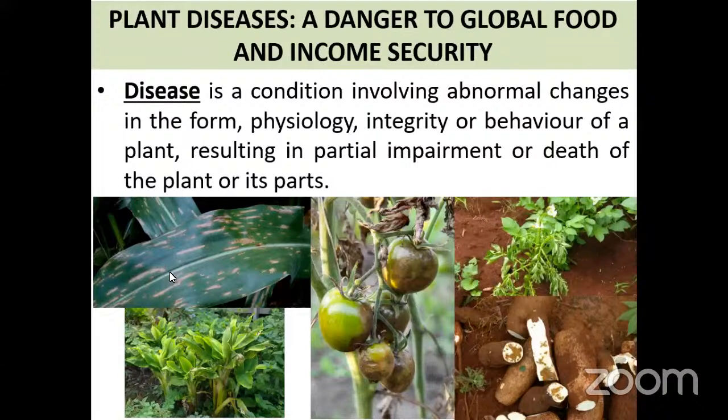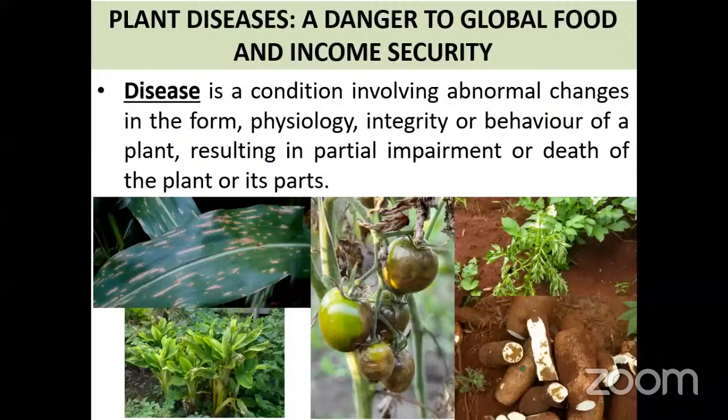So that's a disease. Just below that, you have what is supposed to be banana plants, but they are not big, growing tall like they should be, because they have banana bunchy top virus. So this is a viral disease caused by a virus. So you can see there's an abnormality there. In the middle, where you have these 5 tomato fruits, you can see that they have been damaged by late blight.